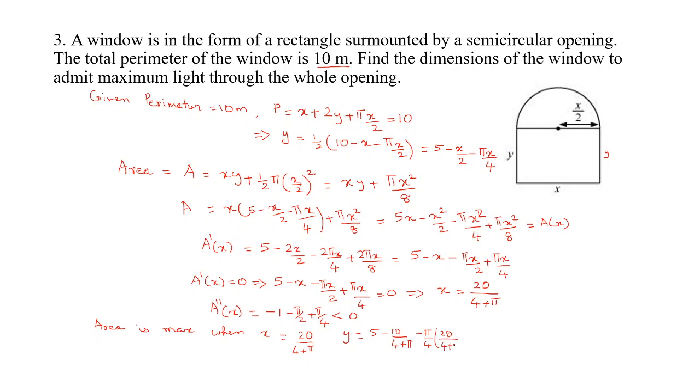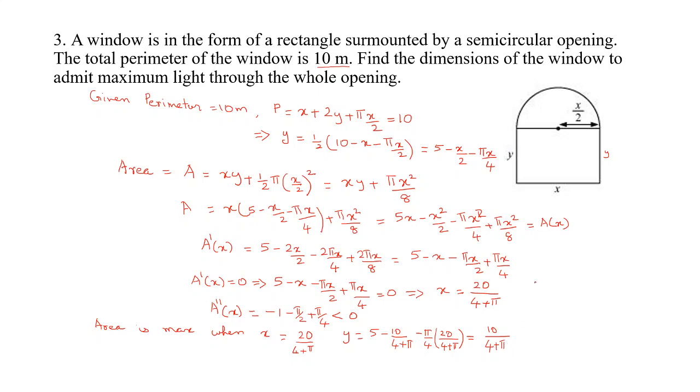That is substituting the values of x in here for the value of y. So we get 5 minus 10 by 4 plus pi. The simplification you'll get as 10 by 4 plus pi.